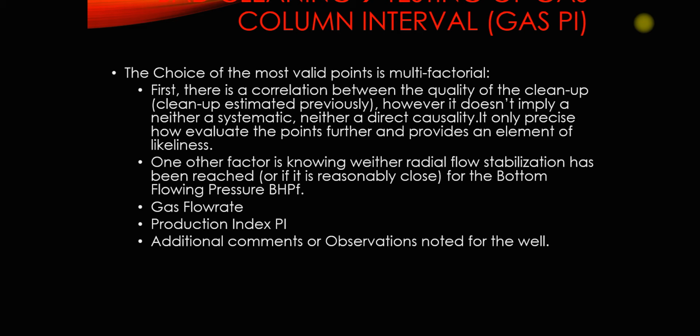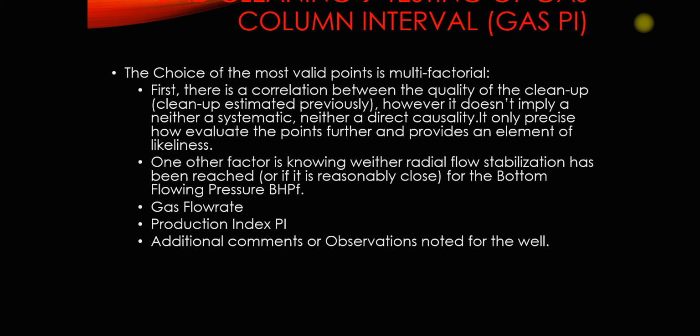It's just a way to evaluate the likeliness of good cleanup. One other factor that we will use in the rest of the presentation is to check whether radial flow stabilization has been reached, or if we are reasonably close to it for the bottom hole flowing pressure.